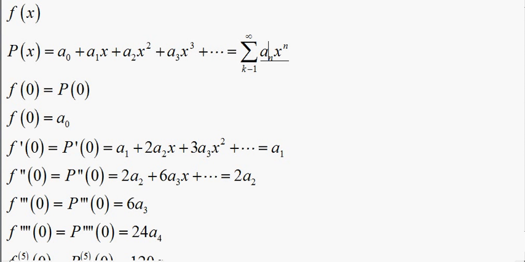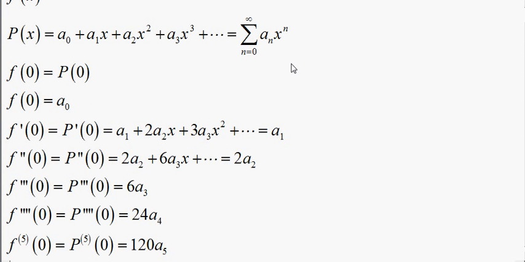I usually use n. This is a power series. When n is 0, you get a naught, and that's it. Then when n is 1, you get a1x, then a2x squared, and so on.